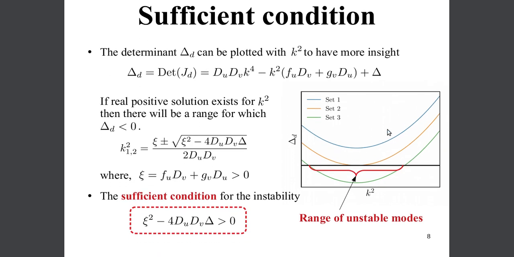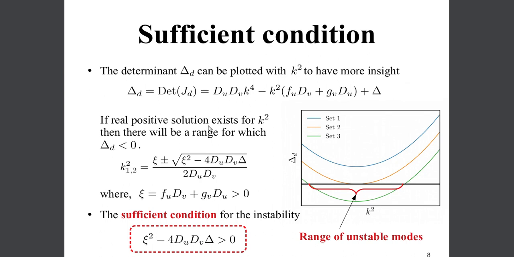As it is a parabola, it can cut at only 2 points. When it looks like this, it is just marginal, just touching the 0 line. But for set 3 it is like this, and then you have a range. These two are the solutions.